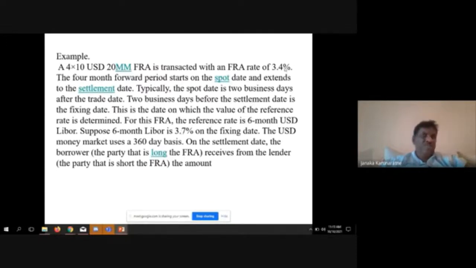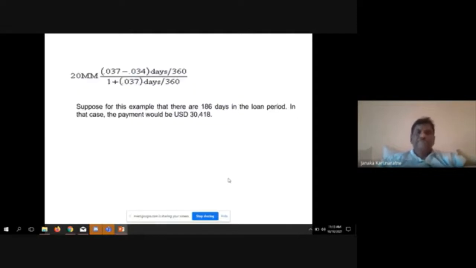So the borrower, or the buyer of the FRA, receives from the lender, or the person who is selling the FRA. So that's how FRA calculations work in practice when you are using reference rates.